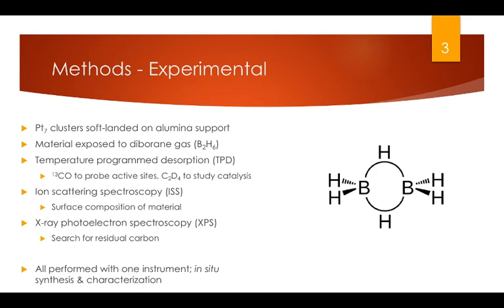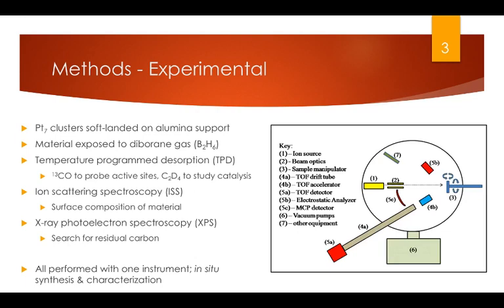And so they used carbon monoxide to probe the active sites, and ethylene to study the catalytic properties. I'll point out that they used isotopes of both of these. So they used carbon-13 carbon monoxide and deuterated ethylene. The purpose of this is so that they isolate just the species they're interested in, and this eliminates any sort of background effect from, say, atmospheric carbon monoxide.